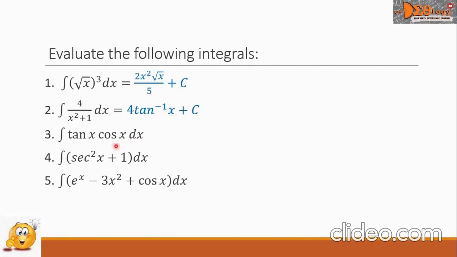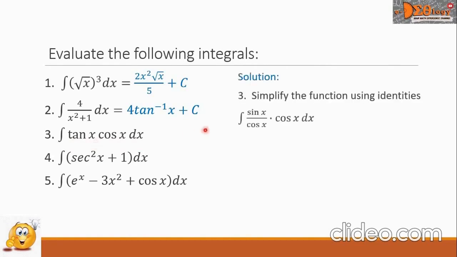What we're going to do here, we're going to simplify the trigonometric functions by showing that the tangent x is equal to sine x over cosine x. So we have this expression now. And from here, we can cancel this cosine x along with that denominator cosine x, rewriting our integral.